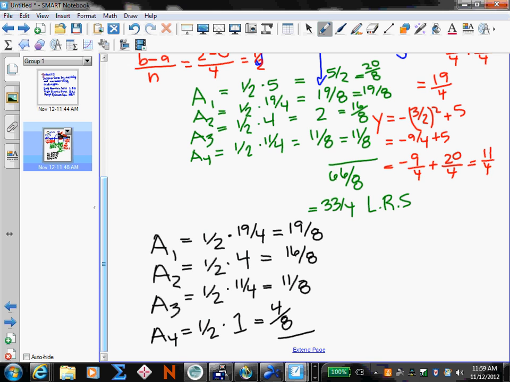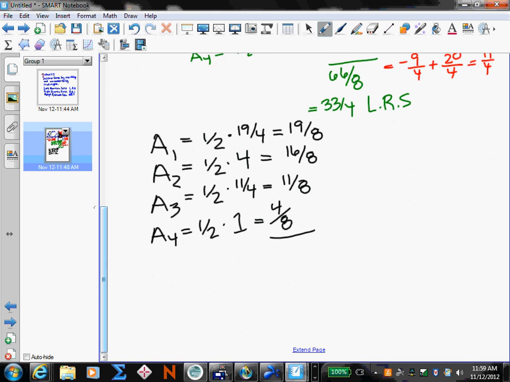When I sum these up, I am going to get a different area. I have 19 plus 16 plus 11 plus 4 to give me 50, which when you simplify that is 25/4. Now, this is my right Riemann sum compared to the answer that I got when I did the left Riemann sum.